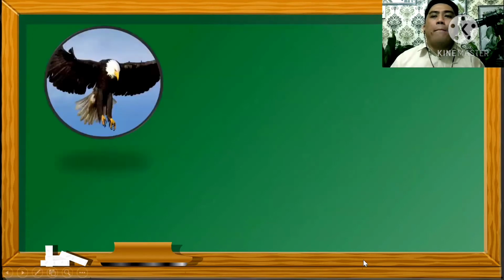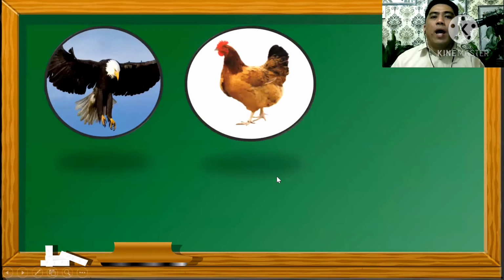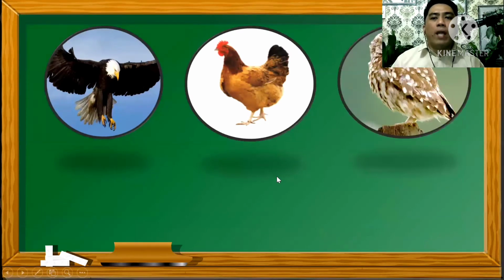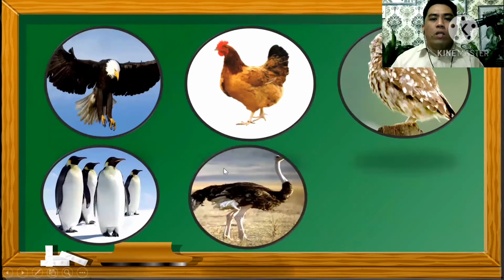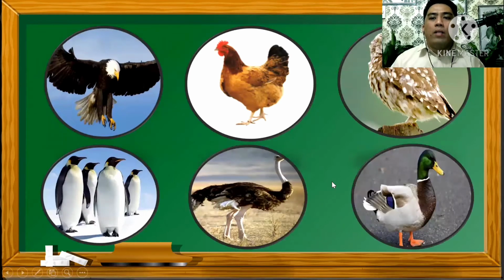Okay, here are some examples of birds. So we have the eagle, the hen, or the chicken, the owl, the penguin, ostrich, and ducks. Okay. So think of other examples of birds, or can you give other examples of birds? So just write it in your notebook.